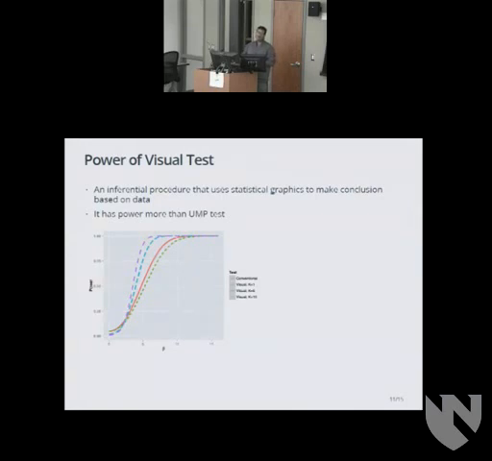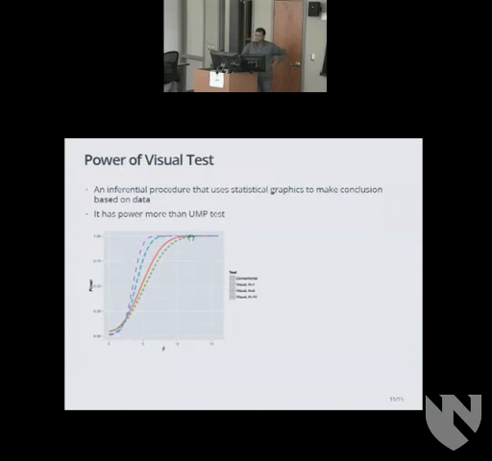Those are called UMP tests, uniformly most powerful tests. So we use those known results for those ideal scenarios of the F-test and t-test, and this is how it looks. This red line is the power of the uniformly most powerful test.